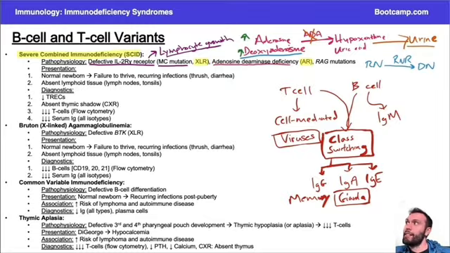Now, deoxyadenosine is an example of a deoxynucleotide. So if I have a whole big buildup of this deoxyadenosine, what's going to happen is this is actually a product of ribonucleotide reductase, so it's going to have negative feedback on ribonucleotide reductase.